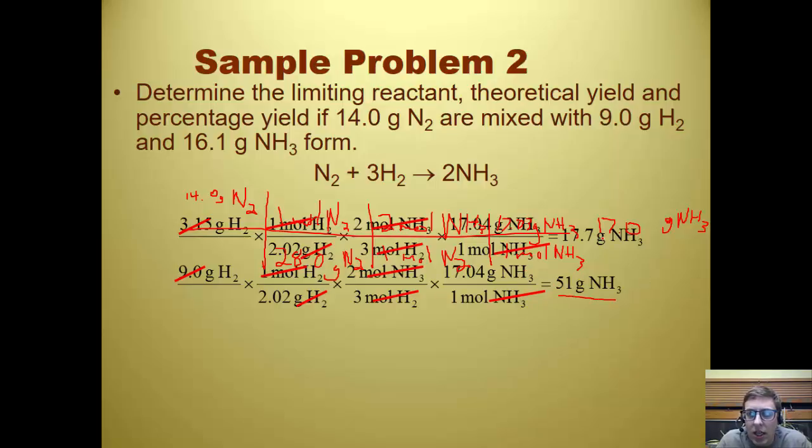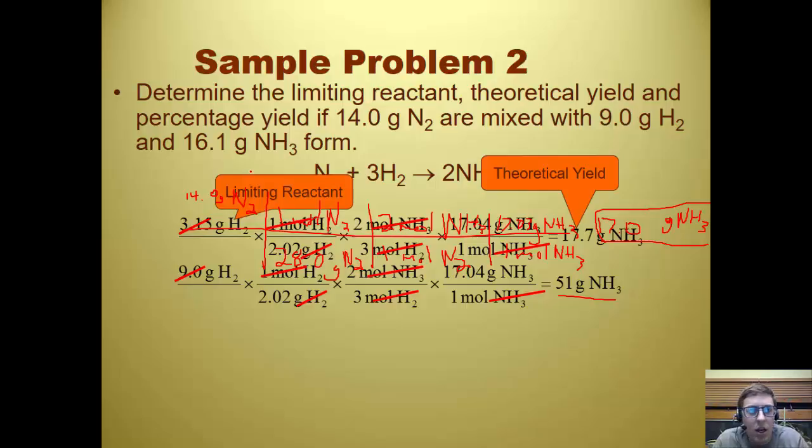So our theoretical yield is, hard to see it here, 17.0. Don't mind this other calculation, something went awry. But our theoretical yield is 17.0 grams of NH3, meaning our limiting reactant is our N2.